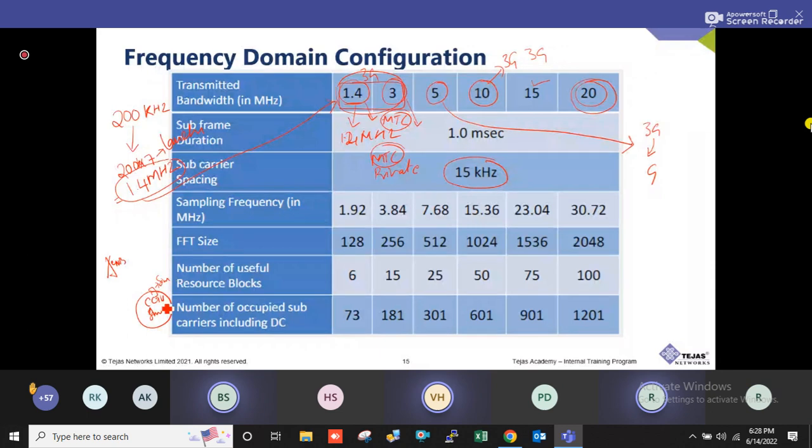A CCTV camera doesn't require a high data rate. It might just want to update you on who entered your house or who is going outside. To track this, it is constantly sending you data, and we call it machine type communication because this is done automatically. Nobody has to give any request.